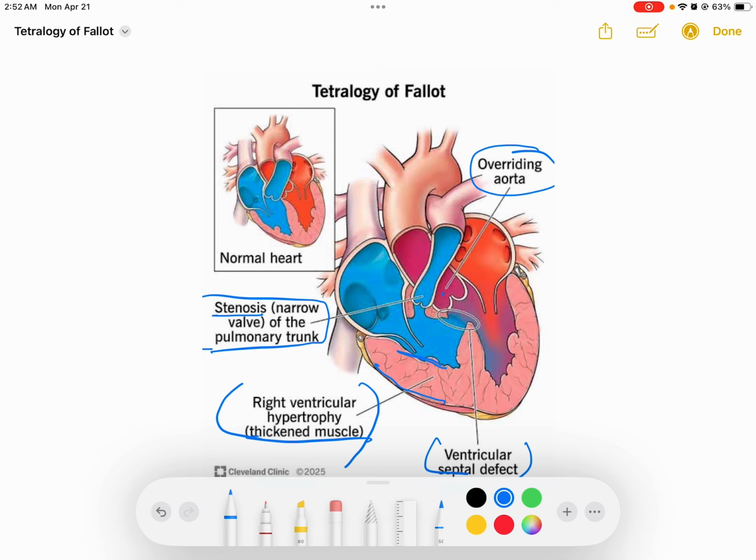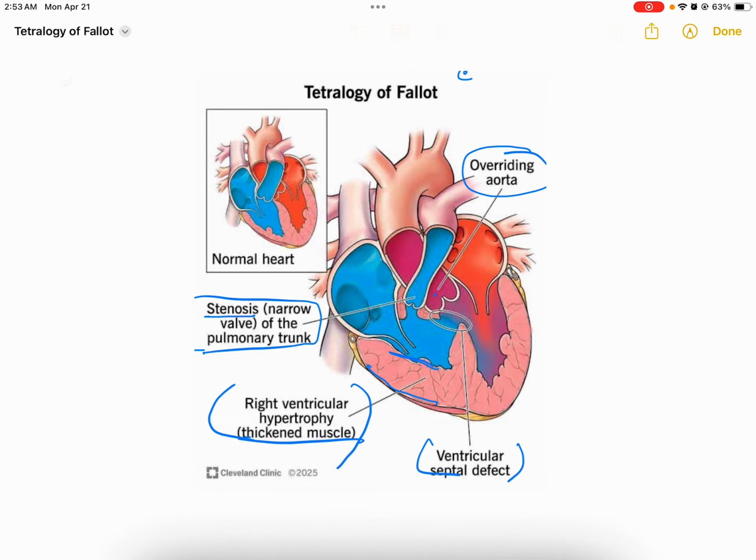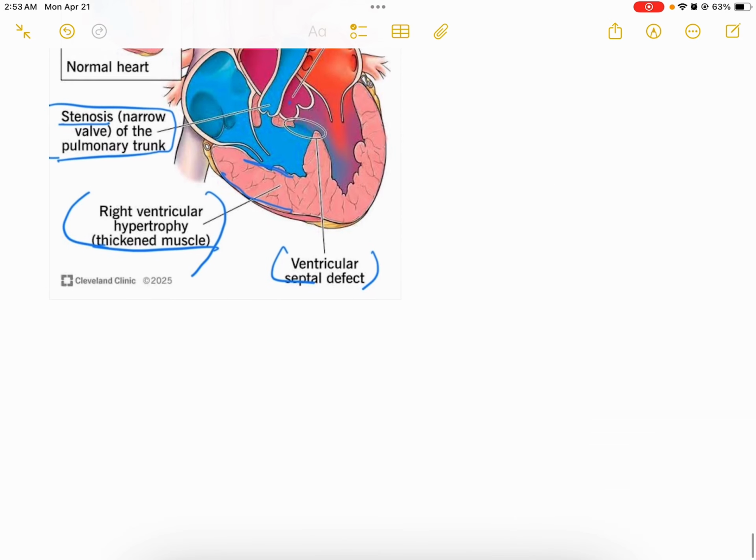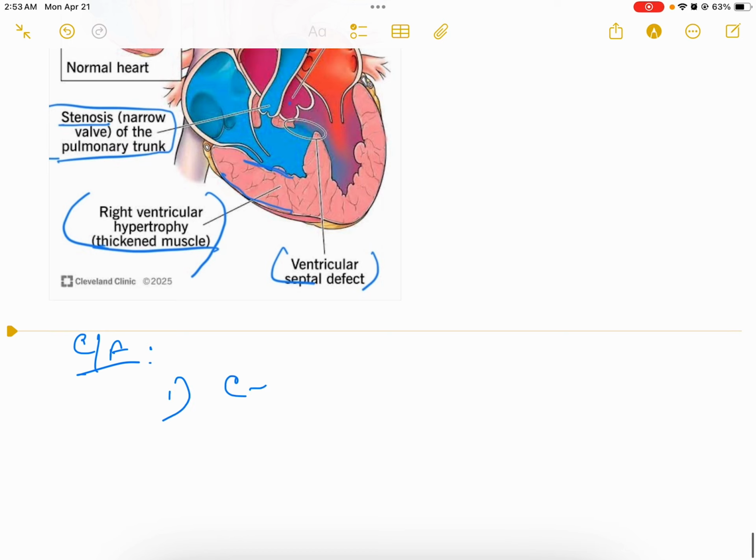Now clinical features. Clinical features include cyanosis, paroxysmal hypercyanotic attack. Number 1, cyanosis.